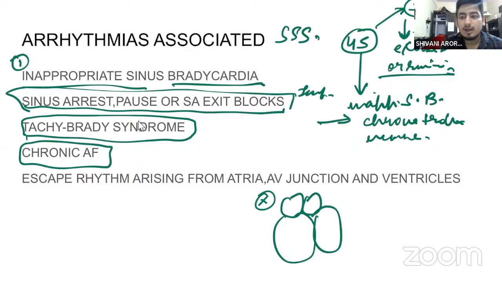If the SA node isn't firing, someone should take up its work. It can either be the atria or the AV node, or below the AV node, the bundle of His can take up the work, or the ventricles can take up the work. So definitely in that case, we can think of the SA node as one of the possibilities.